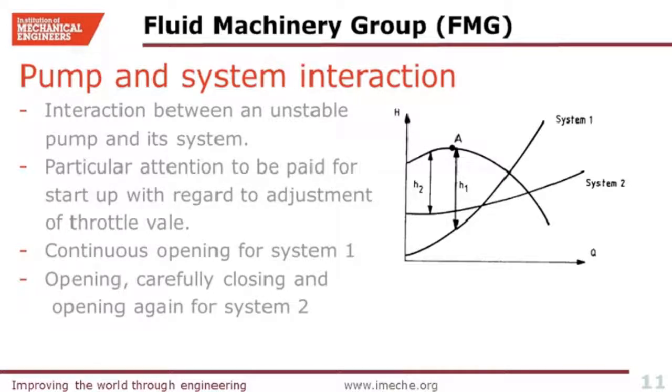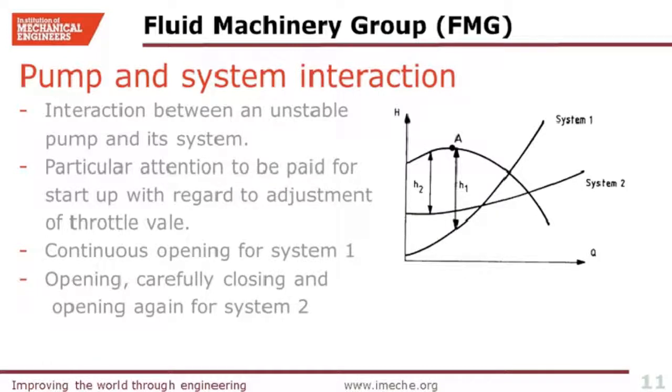So the operator is experiencing a smooth startup, hopefully. In system 2, on the other hand, the difference between the pump generated head and system loss is first increasing, and once it passes the hump, it decreases continuously, same as system 1.